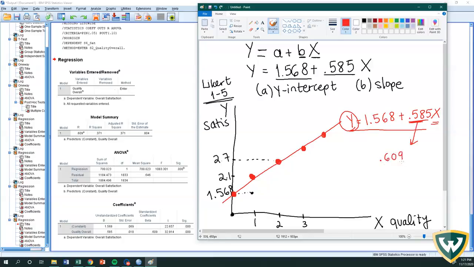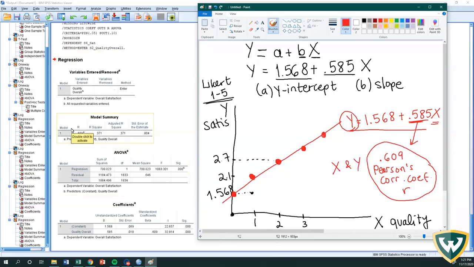This is equal to your Pearson's correlation coefficient, R, in this case, because it is bivariate regression and you're looking at the relationship between one x and one y. So as you see, the Pearson's correlation coefficient R here was equal to the standardized beta coefficient that's related to my only x, 0.609 and 0.609.